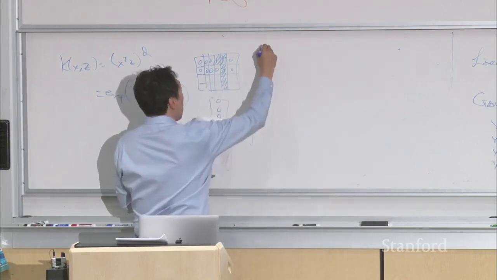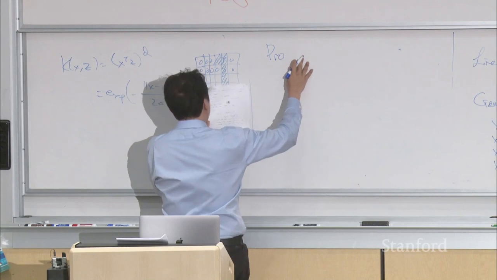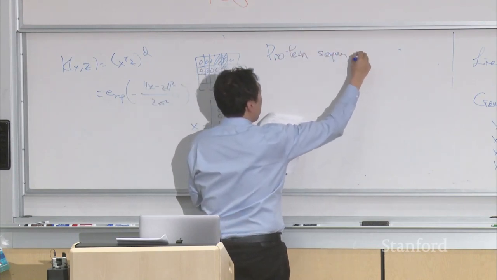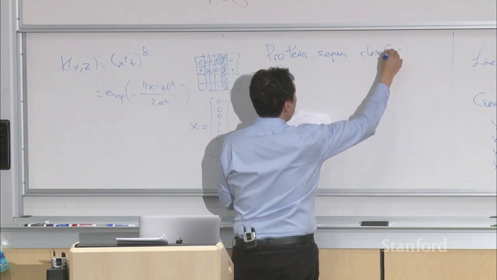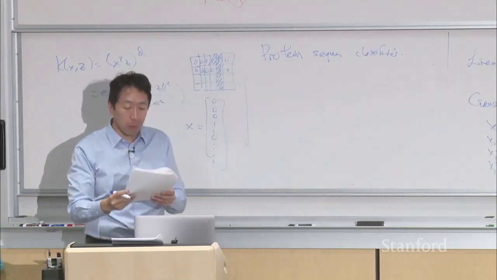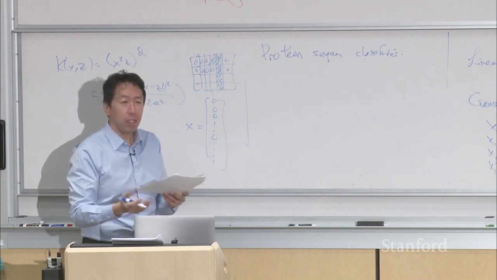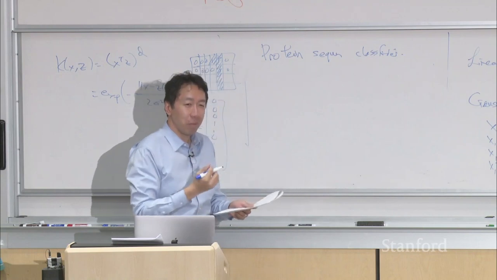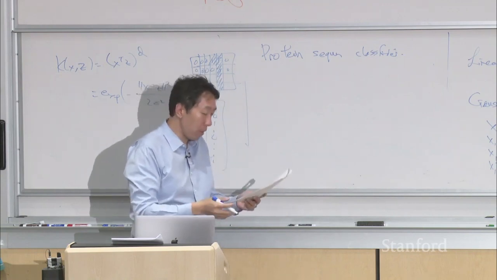So here's one example. Let's say you want a protein sequence classifier. Protein sequences are made up of amino acids. A lot of our bodies are made of proteins, and proteins are just sequences of amino acids.